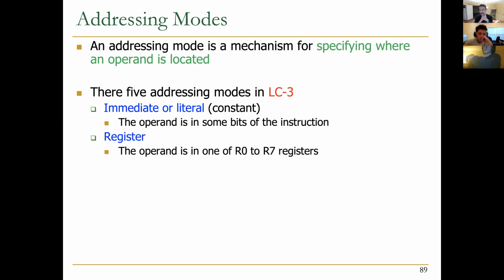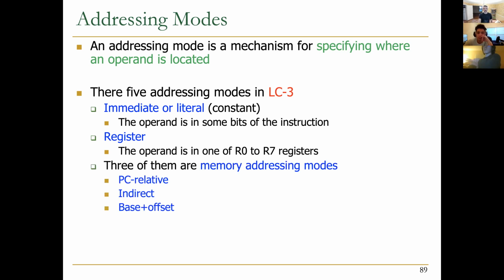It could be register: the operand is one of these 8 registers that you have. And it could be other types like PC-relative, indirect, and base plus offset. We saw, for example, base plus offset in one of the instructions that we reviewed. Hopefully you remember which one.